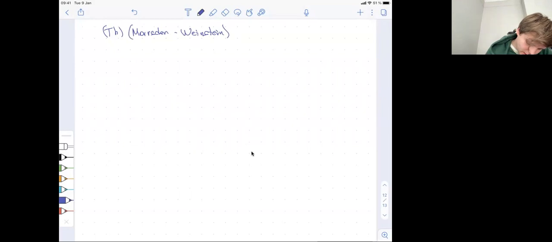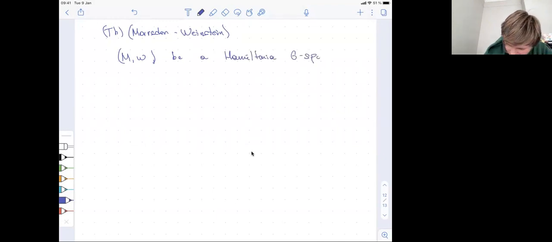So let (M, omega) be a Hamiltonian G space, which means that there is a G action which is Hamiltonian and symplectic, obviously, with moment map mu.